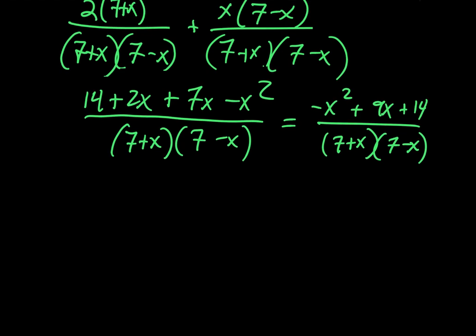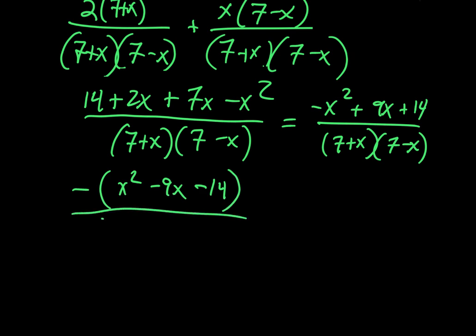Going to rewrite it as negative x squared minus 9x minus 14. Factor a negative from each of them over 7 plus x, 7 minus x. So then I go, oh, negative 14. Are there two numbers that multiply to negative 14 that add to negative 9?